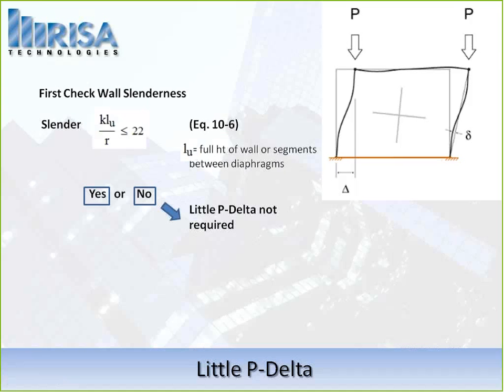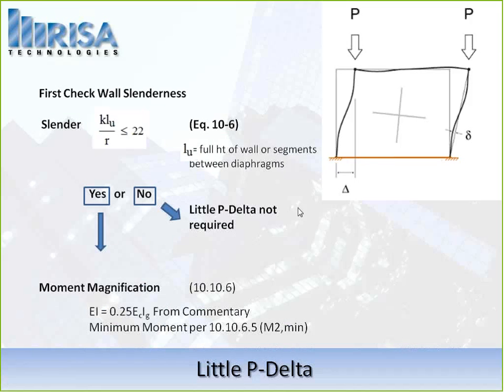If the answer is yes to this, then we are going to do some moment magnification, and that's going to happen per section 10.10.6. We're going to go through a whole series of equations that you'll find there. 10.10.6 is going to do a kind of delta that's going to change the actual moment.